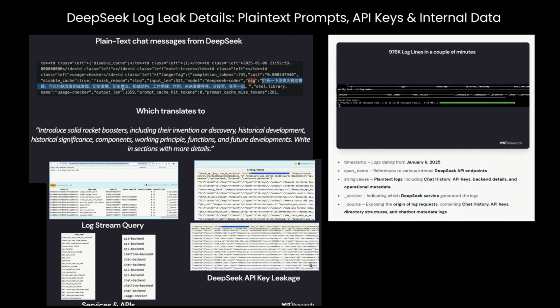The discovery didn't take a red team or a zero-day exploit. It took minutes using only some basic scanning tools. And that's what makes this especially concerning. The exposure was reported responsibly by Wiz and DeepSeek responded quickly, but the incident had already sparked concerns across the AI security community.